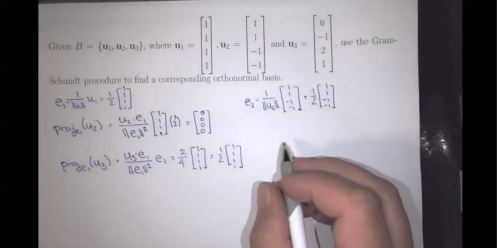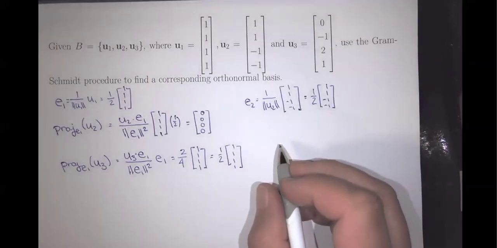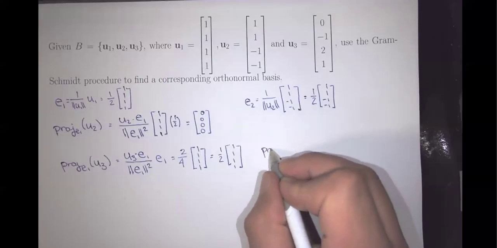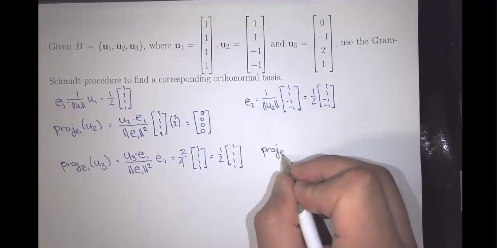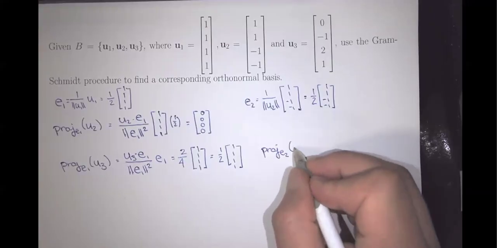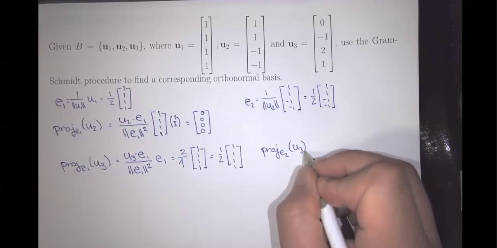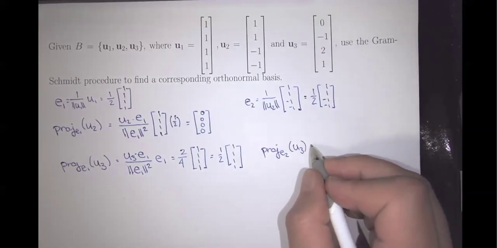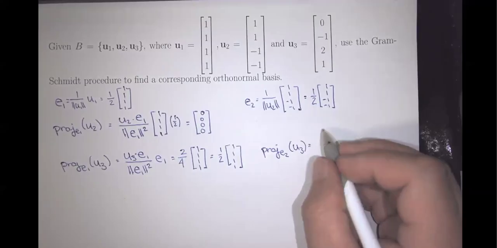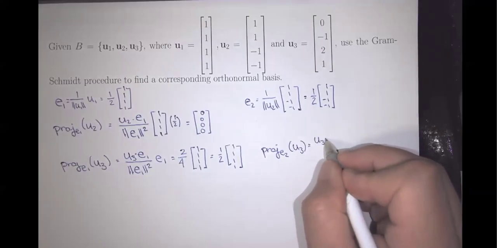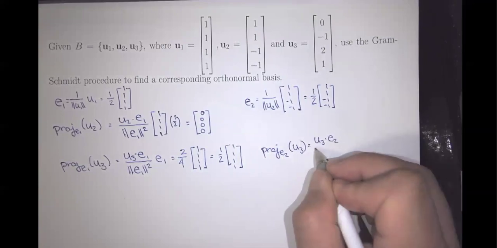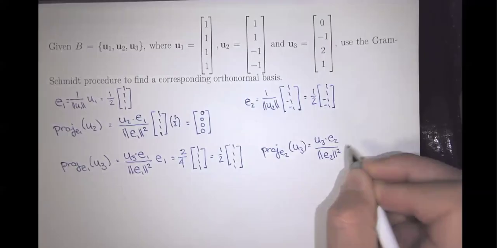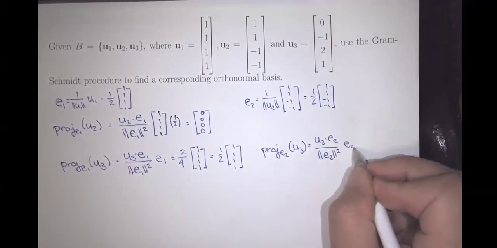Then we orthogonalize against E2. So the projection of U3 onto E2 is going to be U3 dot E2 over the length of E2 squared times E2.